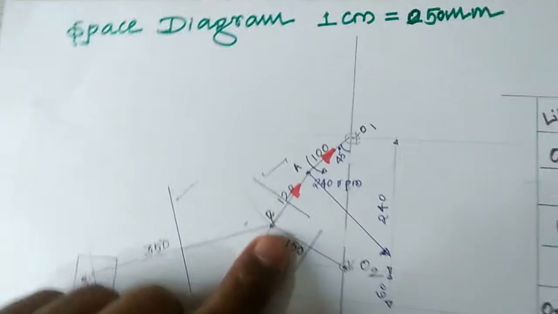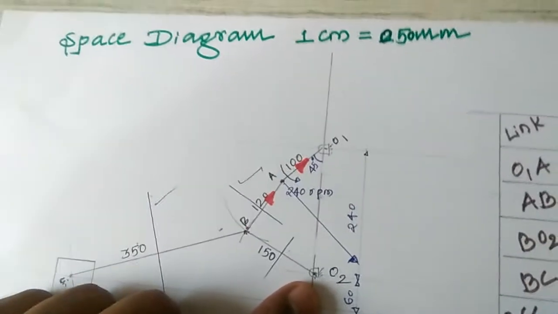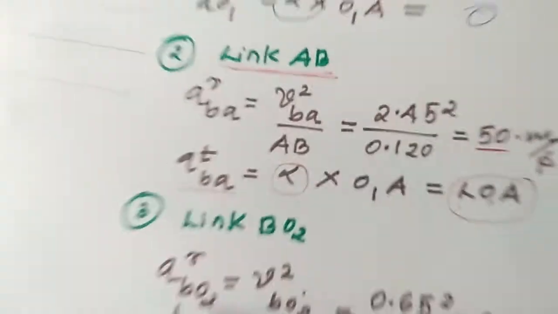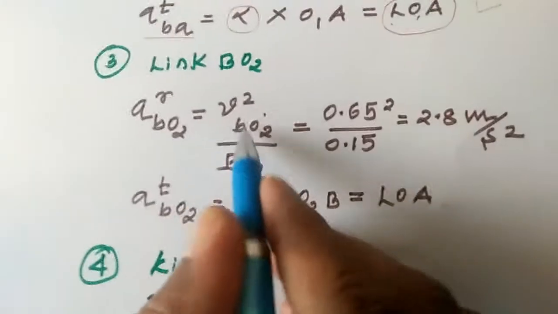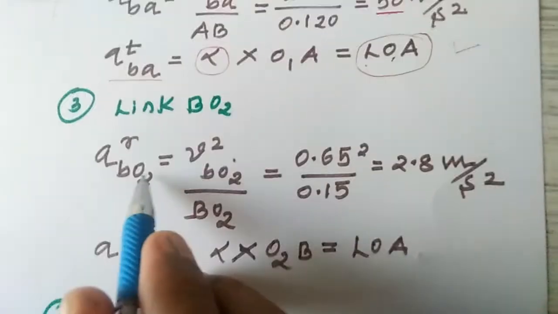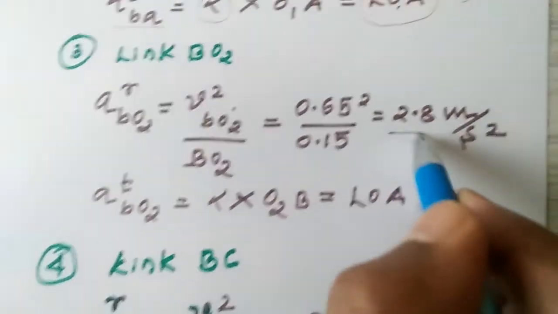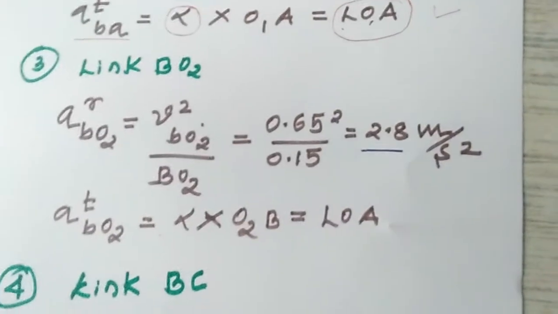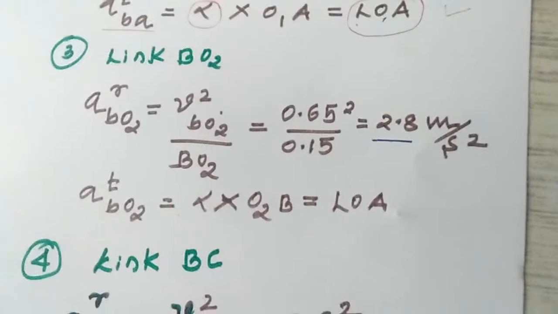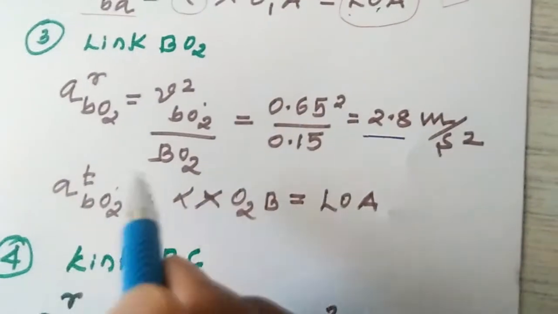Then come to the acceleration of B with respect to O2. Here also look at this calculation. The radial acceleration of BO2 is V square BO2 divided by BO2. This comes as 2.8, with respect to O2.